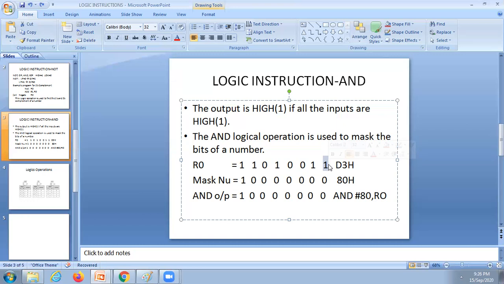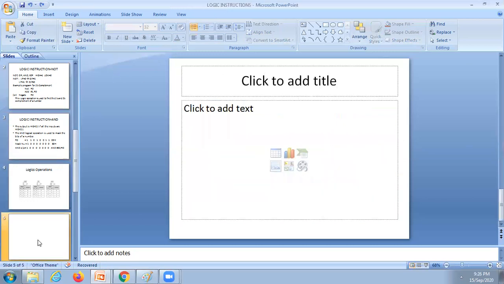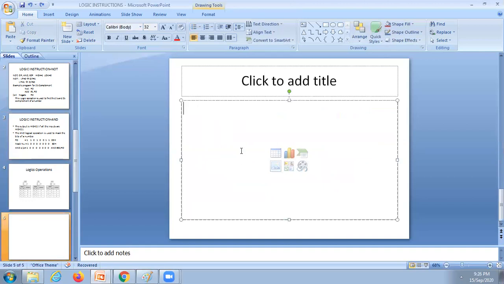Why? Because if you take any number, for example, here I will take a separate slide. Suppose you take a simple example, 265.